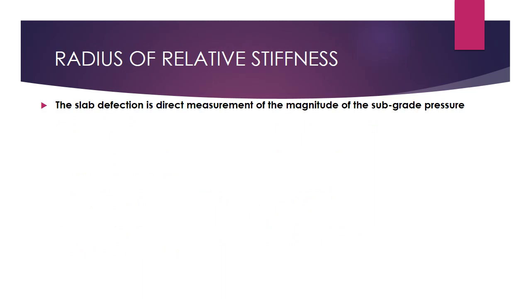The slab deflection is a measurement of the magnitude of the subgrade pressure. We have already discussed this point, that the deflection of the slab is a direct measurement of the magnitude of the subgrade pressure, how much pressure is being offered by the subgrade or occurring in the subgrade.